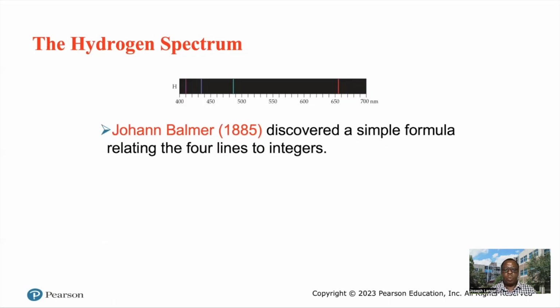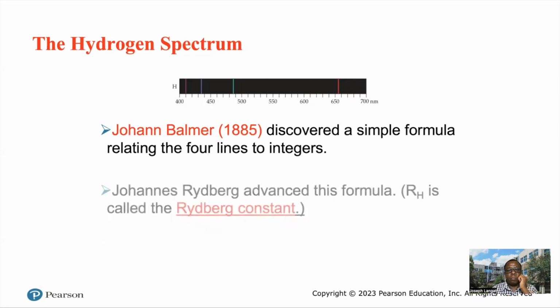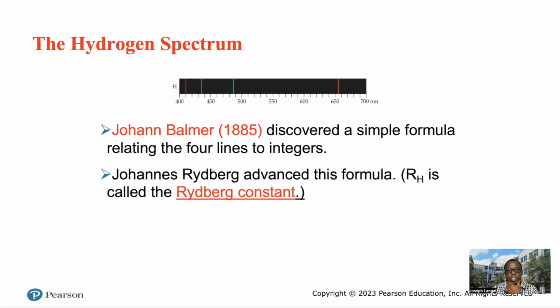Somebody by the name of Johann Balmer derived a simple formula relating these lines, and Johannes Rydberg came up with a more advanced formula, the Rydberg equation with the Rydberg constant, to calculate the wavelength.